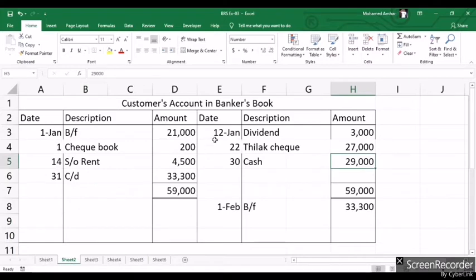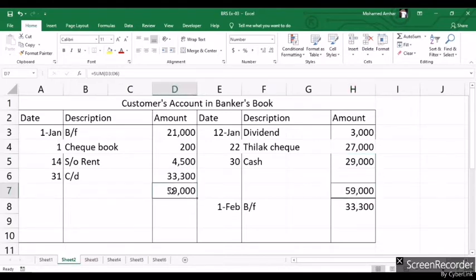Now balance the banker's account that is maintained by the bank on behalf of the customer. Here also the credit side balance is more: 3,000, 27,000 and 29,000. Total is 59,000.